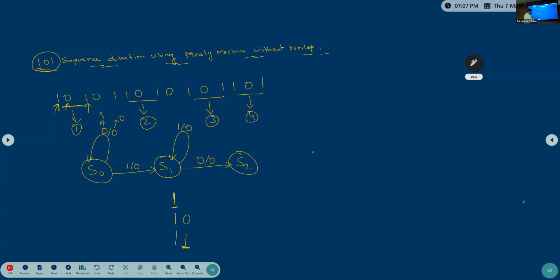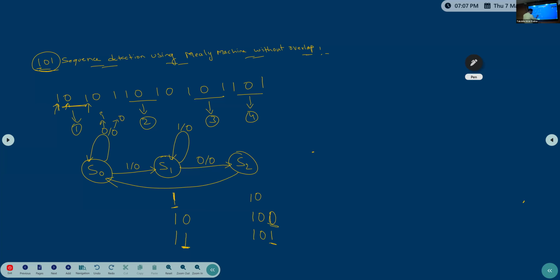Next, here we have already detected 1 0. Now we have two possibilities: 1 0 0 or 1 0 1. This is without overlap, so after this, whether we get 0 or 1, we need to move to reset.